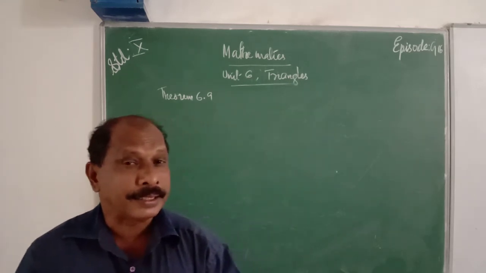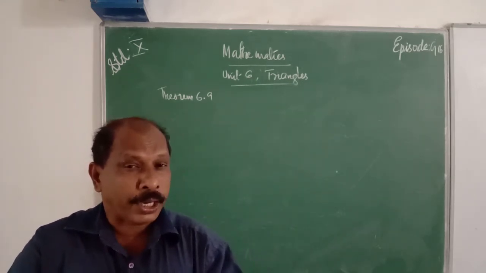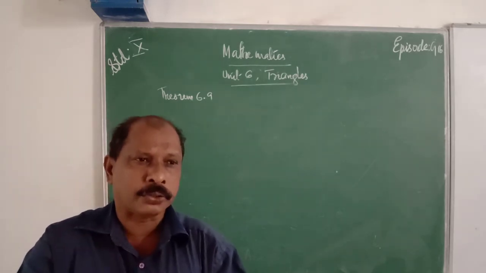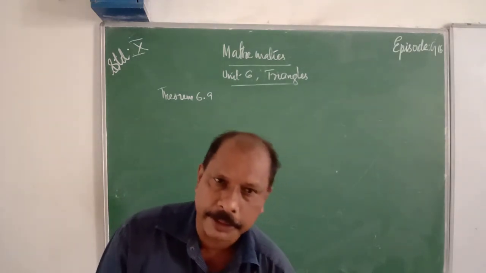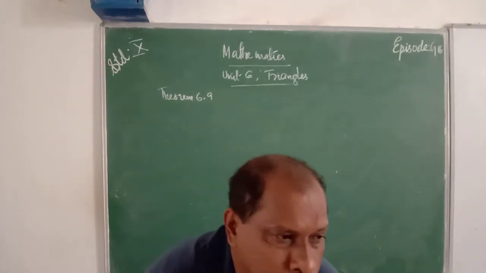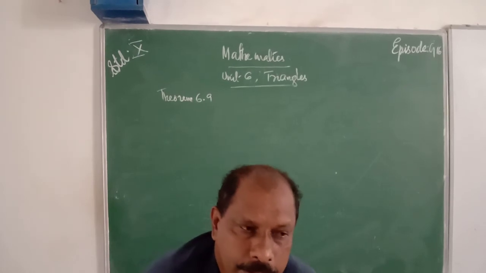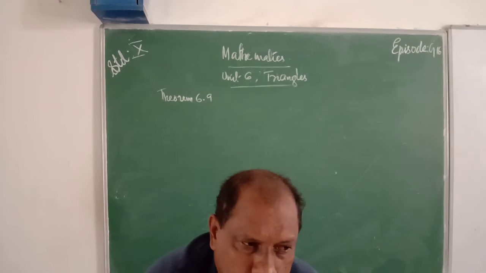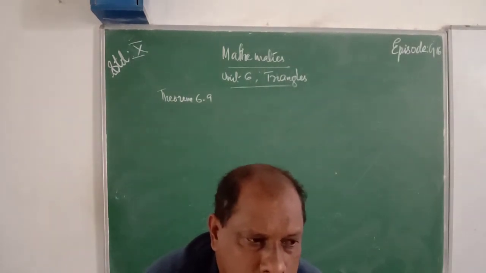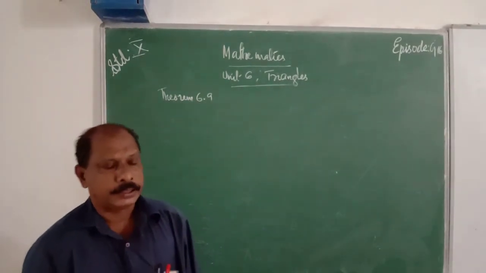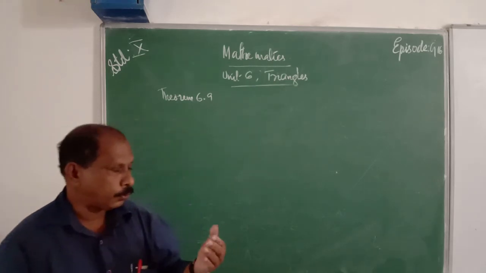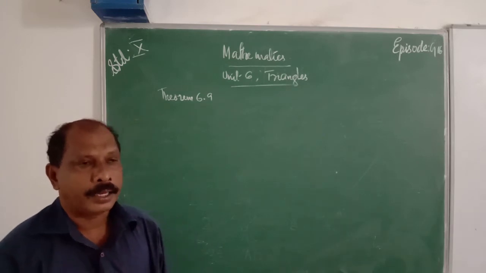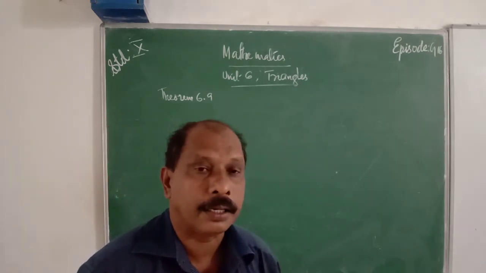But the converse is: if the sum of squares of two sides of a triangle is equal to the square of the third side, then the angle opposite to the third side is a right angle.